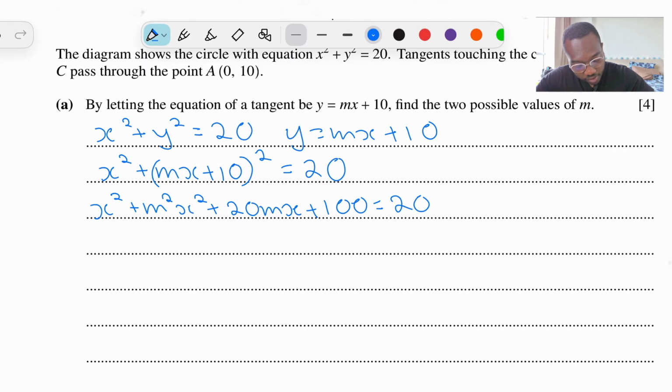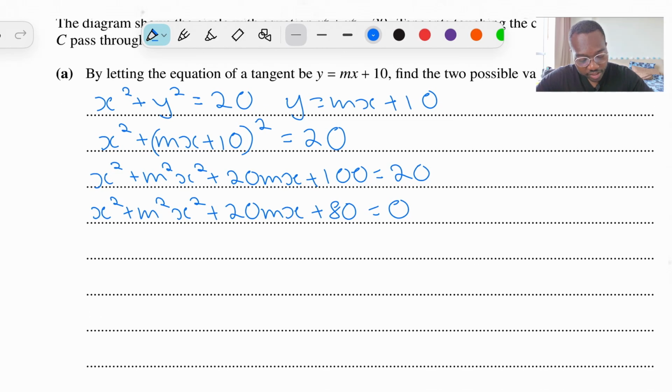So therefore, we get x squared plus m squared x squared plus 20mx plus 80, and that is equal to 0. And now I'm just taking out my factors of x squared and x, just to make it look more like a quadratic equation.